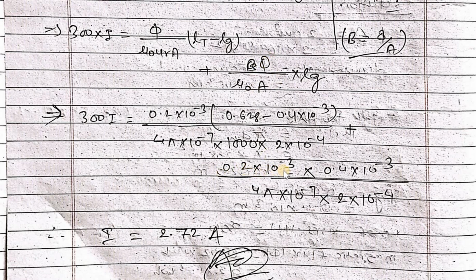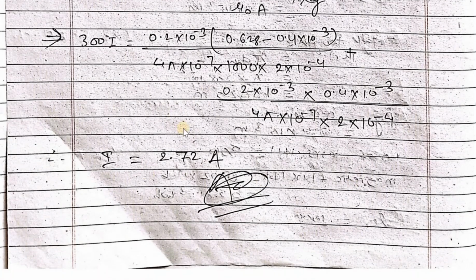And again for air gap, phi is the same, so 0.2 into 10 to the minus 3 into the length of air gap, 0.5 into 10 to the power minus 3, upon 4 pi into 10 to the power minus 7, and the value of mu r for air gap is 1, into area 2 into 10 to the power minus 4. By calculating this we can get the value of I, and the value of I is 2.72 ampere.